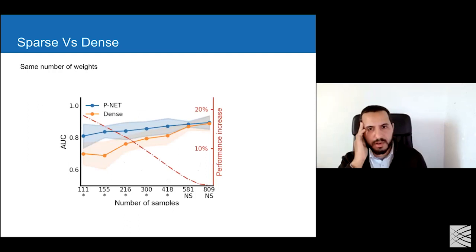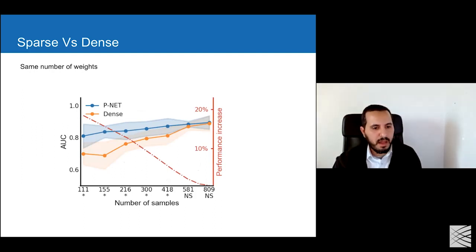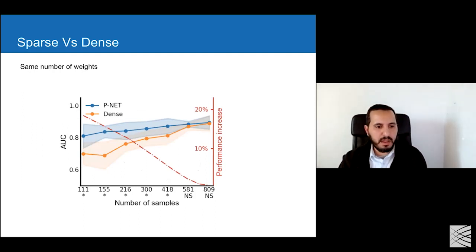We tried to compare the PNET to the equivalent dense model, and things get a little bit tricky here, since you need to be careful regarding defining what is the equivalent dense model. If you are talking about a model with similar modeling capacity, which means comparing the PNET model with a dense model that has the same number of parameters, yes, we can do this.